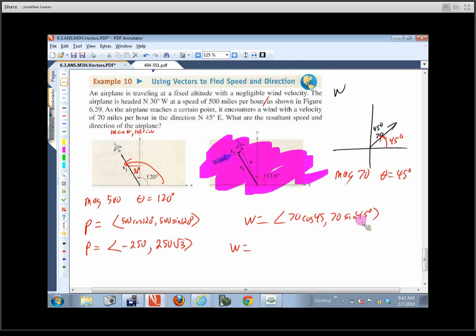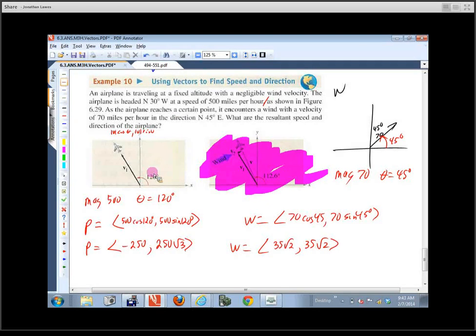Radical 2 over 2, radical 2 over 2. So this is going to be 35 radical 2, comma, 35 radical 2. Good? Okay, any questions about how we found the component vectors for the plane or the wind? Okay.